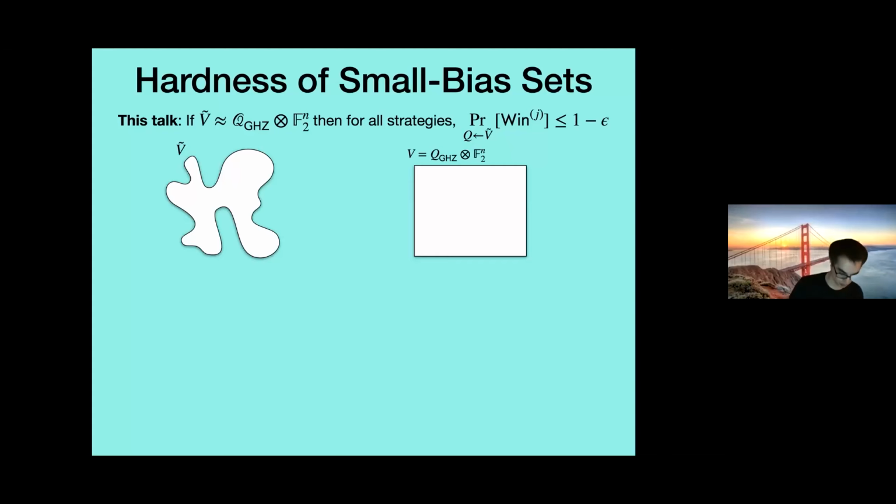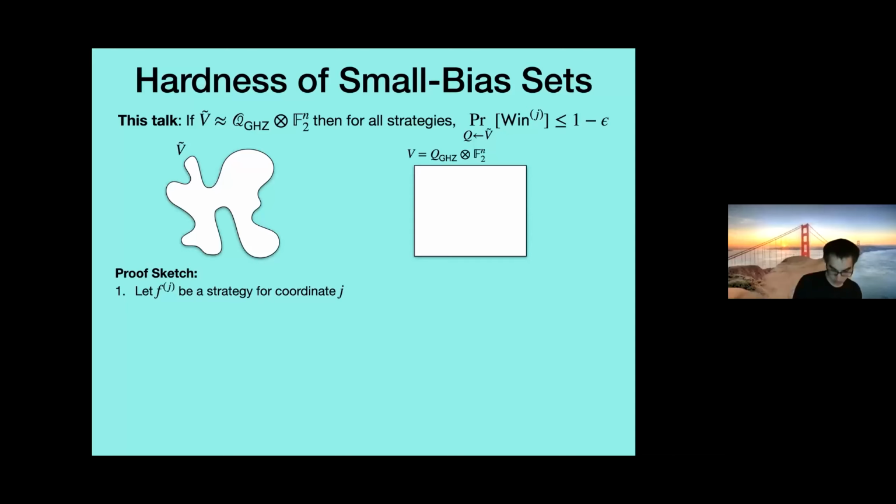First we'll start by fixing some strategy and some coordinate. That's what we're going to look at, and we're going to try to prove that if this strategy is successful in V tilde with some probability, then there is another strategy on V that works with about the same probability.